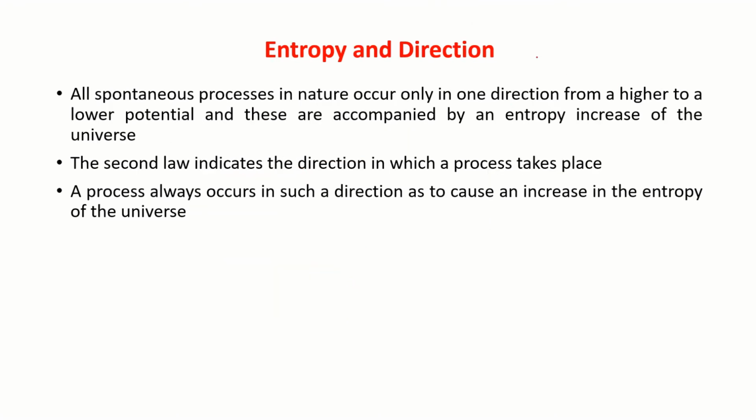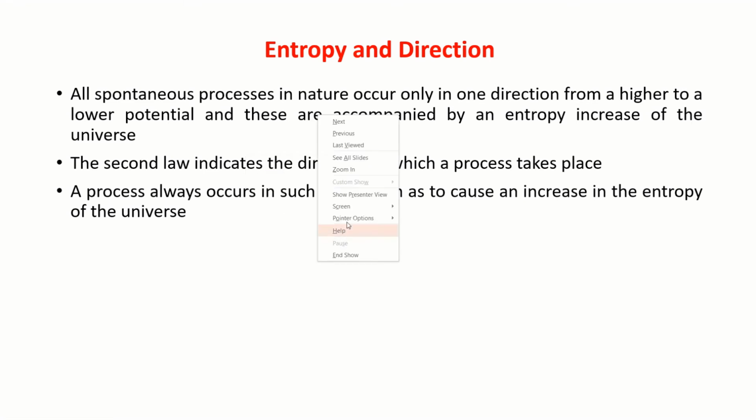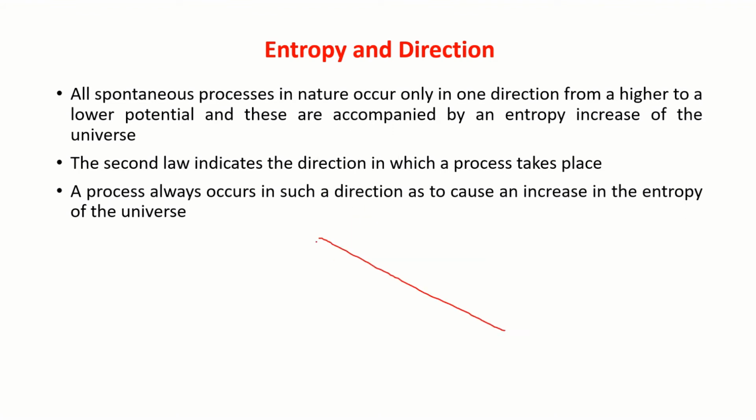Entropy and direction. All spontaneous processes of nature occur only in one direction. It is from a higher to a lower potential. For anything in life to happen, there should be a gradient. So it has to fall down, something has to flow down, there should be a gradient.